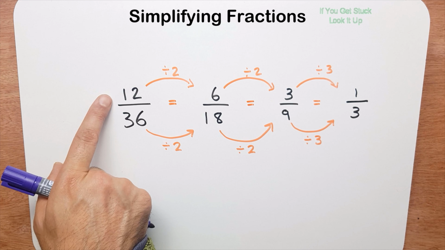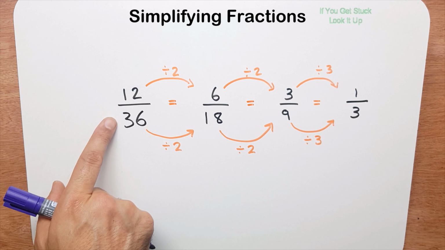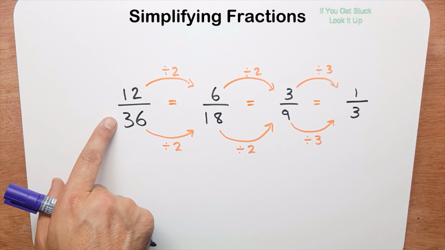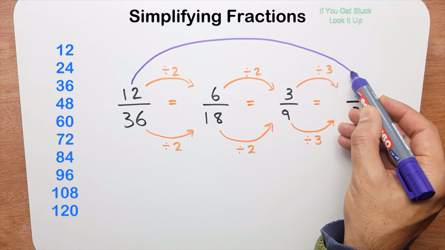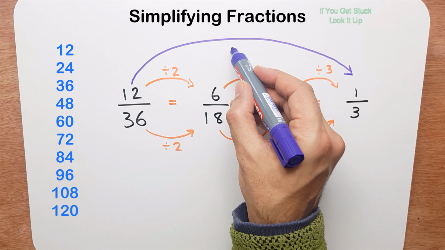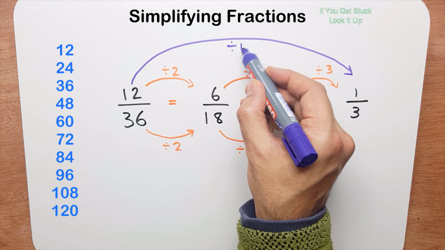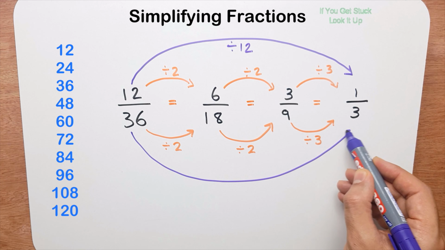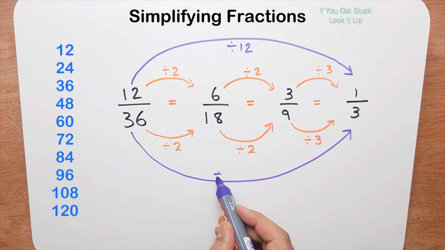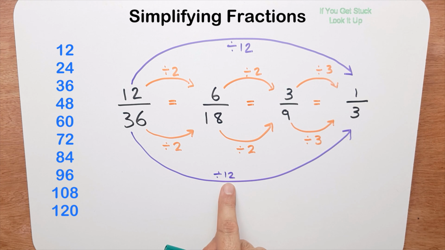Now the second way of doing this is to know that 12 and 36 are both in the 12 times table. So I could have divided 12 by 12 and also 36 by 12. Now how did I get 12?